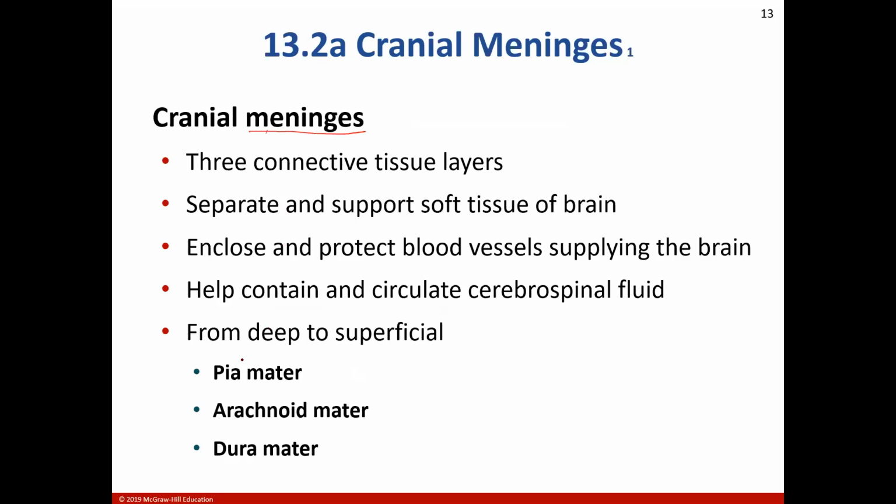So there's 3 layers. This is the deepest one, the one that covers the brain tightly, right? And then the next outward, going towards the bone, is arachnoid mater. And then the next one, the outermost layer of meninges of the brain, is called the dura mater.